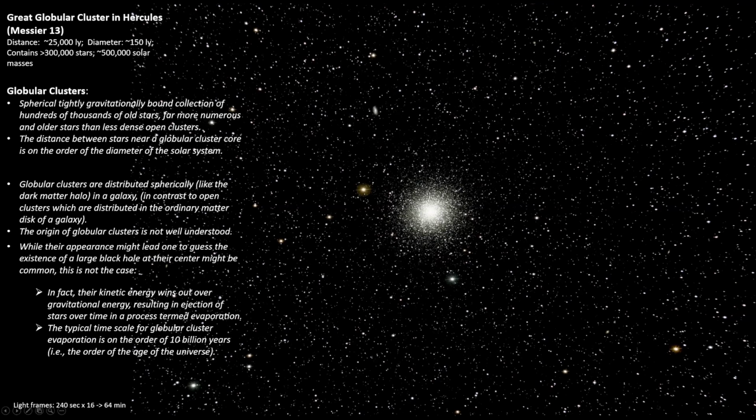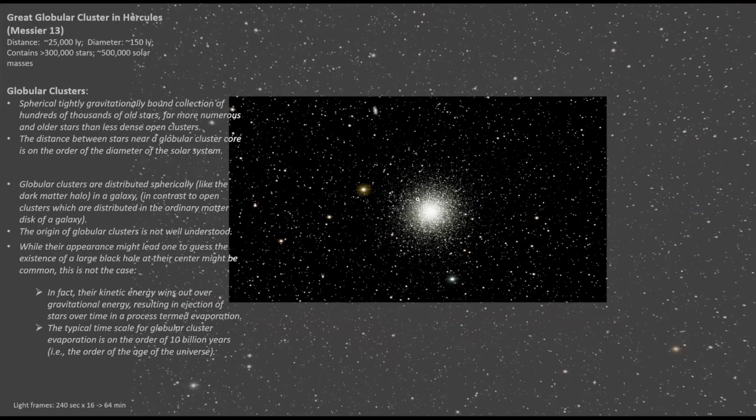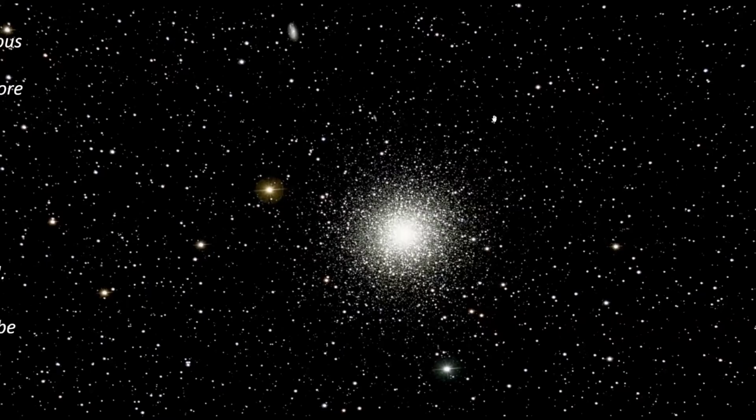So this image was 240-second, 16 frames. This is a relatively bright object, so you can do pretty well even with shorter exposure times. And I think I was actually pretty happy with this particular image, in that even with my system, you can see quite a bit of detail in M13.